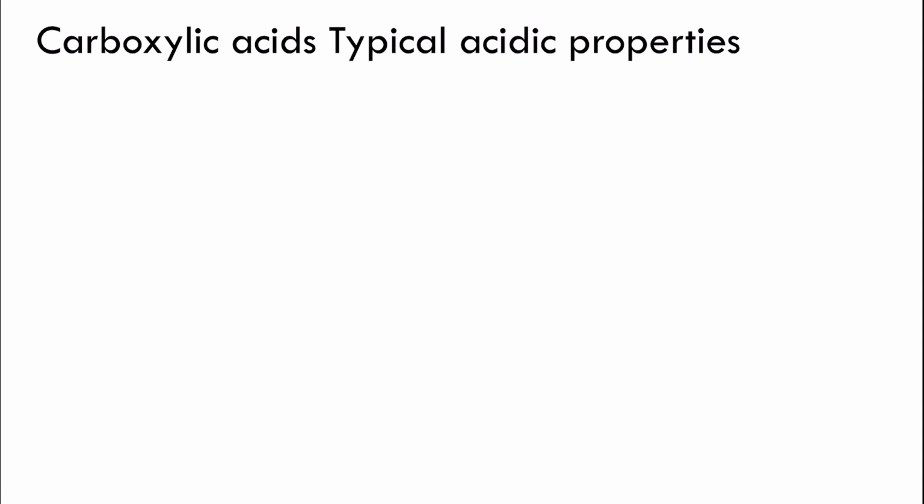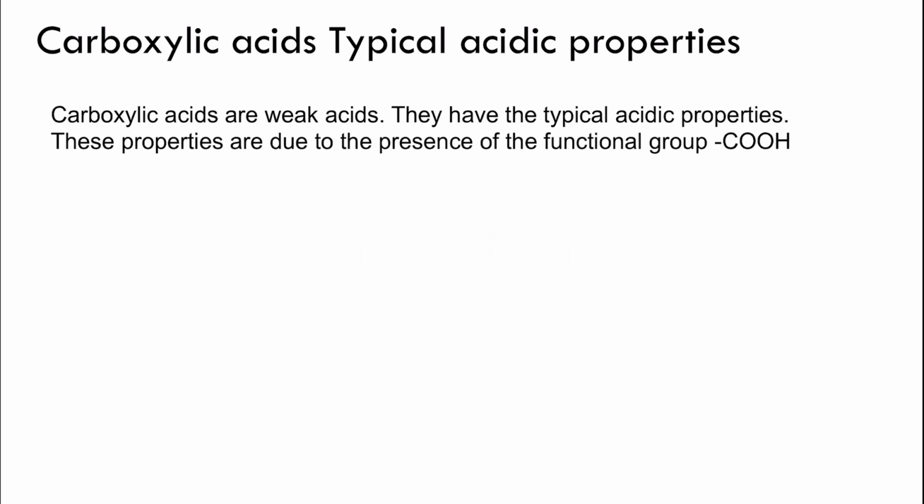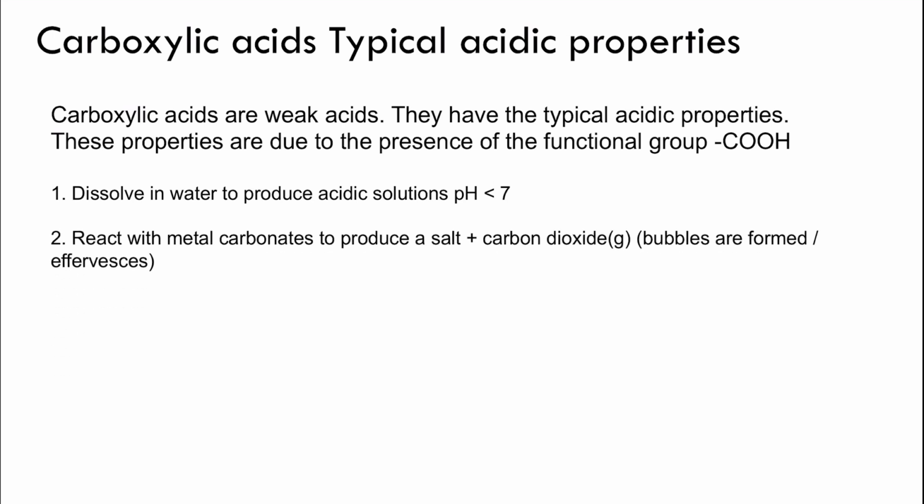Carboxylic acids are typical acids, so they are weak acids and they have the typical acidic properties. So they dissolve in water to produce an acidic solution of a pH less than 7. They react with metal carbonates to give you a salt and carbon dioxide. Carbon dioxide can be recognized as bubbles or effervescence.